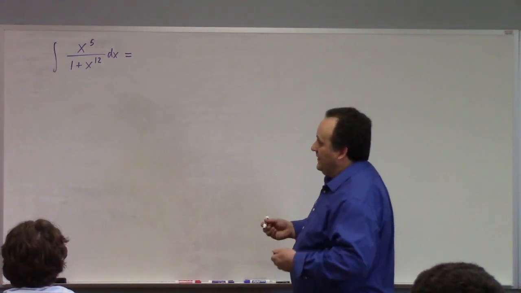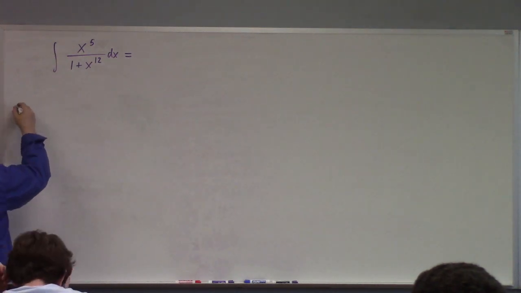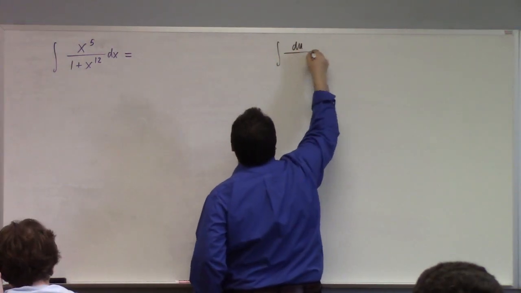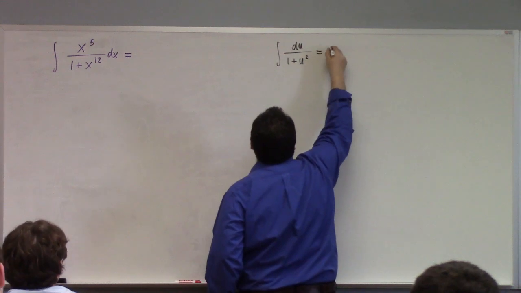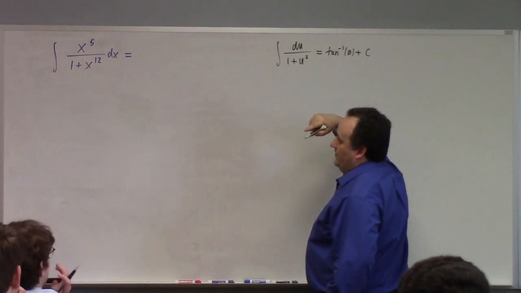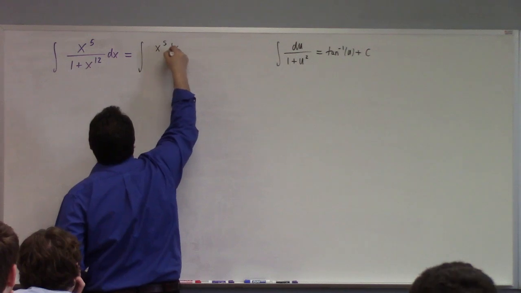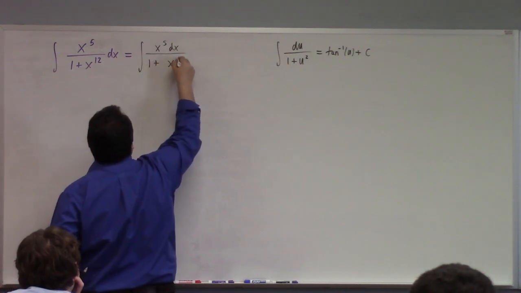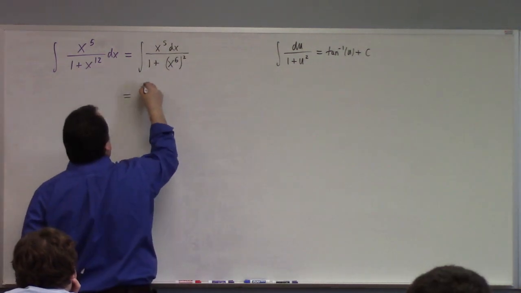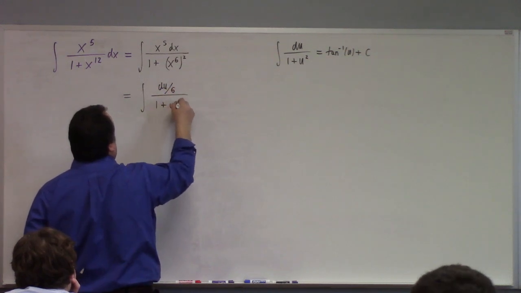So the thing that it is reminiscent of is, we know the integral of du over 1 plus u squared is inverse tangent of u plus a constant, right? So maybe, oh yeah, that's going to be it. I think of this as 1 plus (x to the 6th power) squared, right? And so I've got the integral of du over 6 over 1 plus u squared.